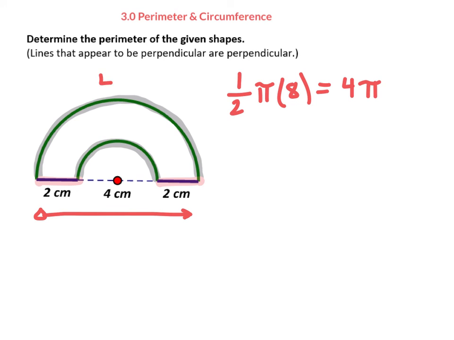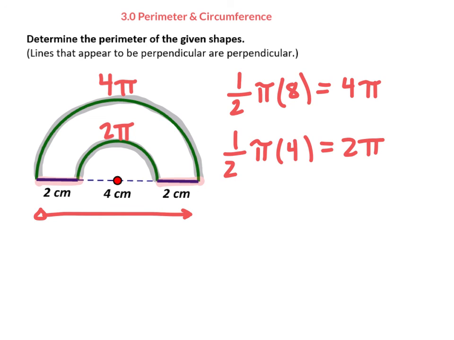So this half circumference is 4 pi. The other circumference would be 1/2, looks like 4 there, so that's 2 pi. So this is half of a full circumference, 2 pi. And then we would have the 4 from this little guy and this little guy.